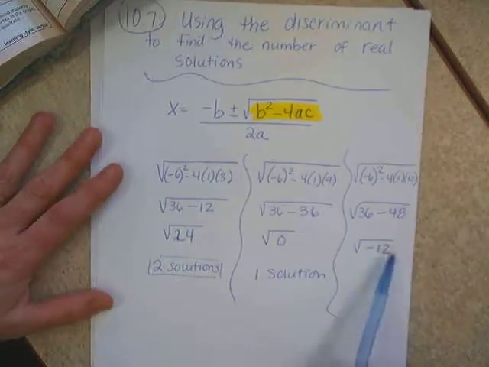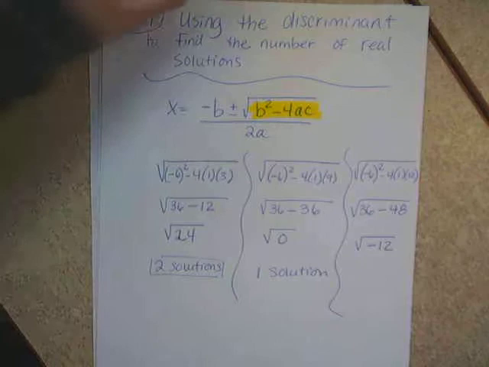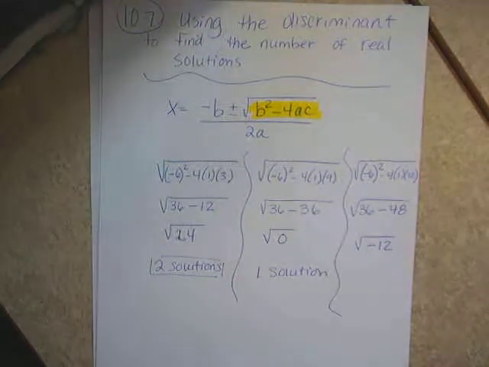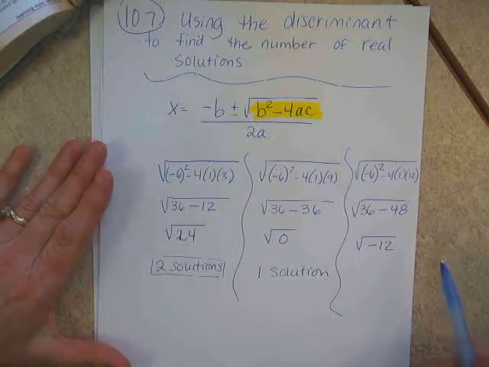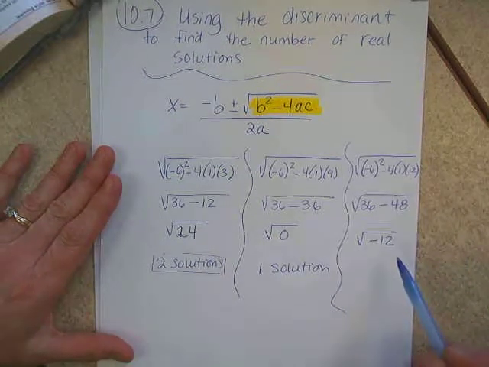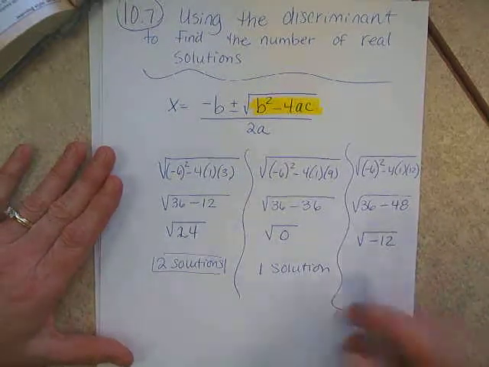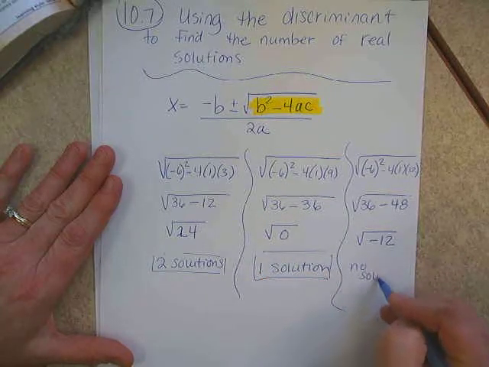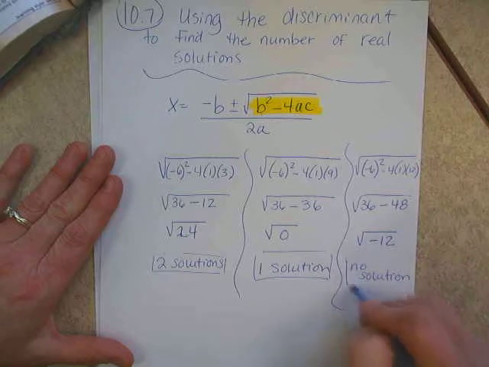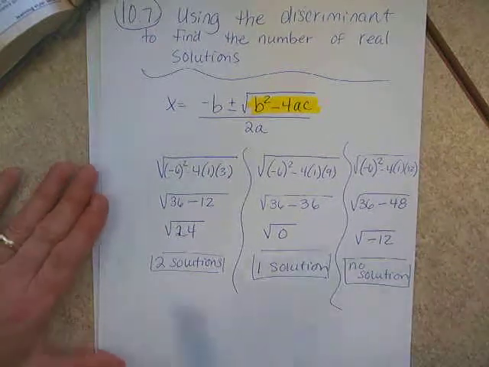So inside the square root, we would get negative 12. When you have a negative inside the square root, there's no solution because there is no number times itself that is going to give us a negative product. So in this case, there would be no solution.